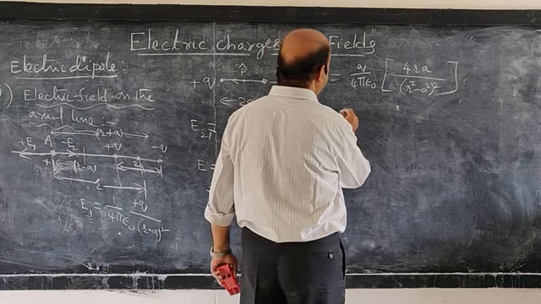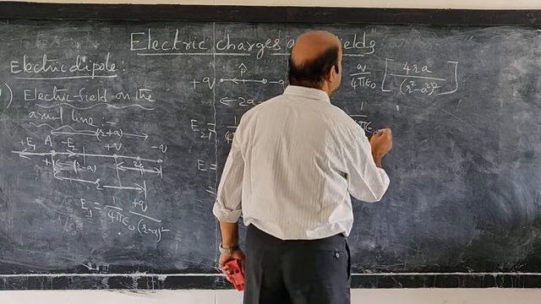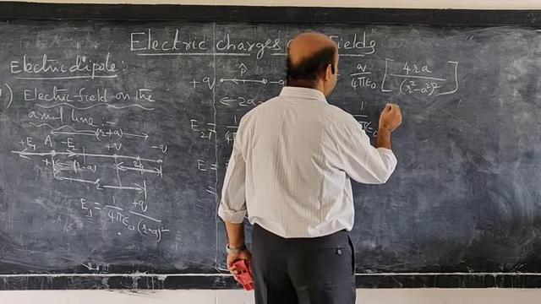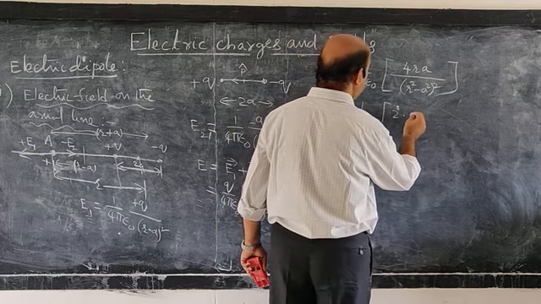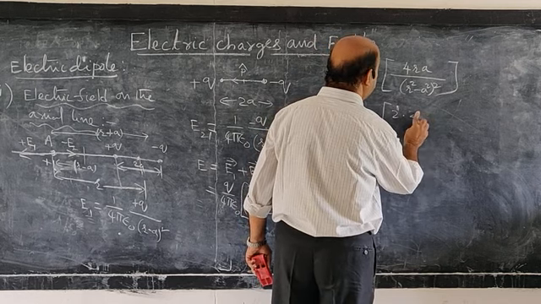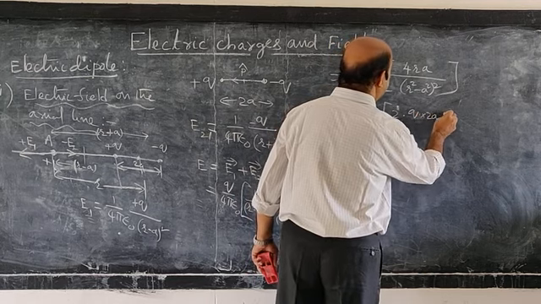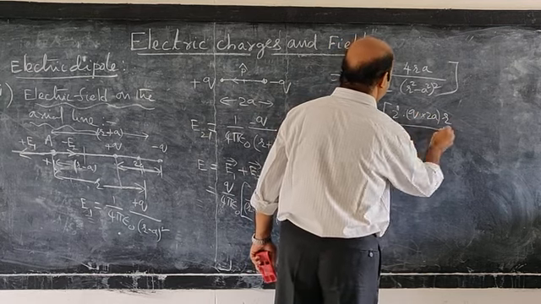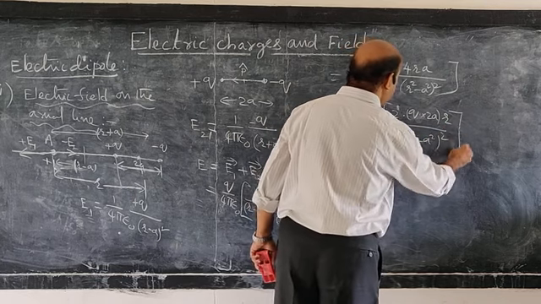So this can be written like this: 1 by 4 pi epsilon naught, I will be writing it in the brackets, 2 into Q into 2A into R by (R square minus A square) whole square.